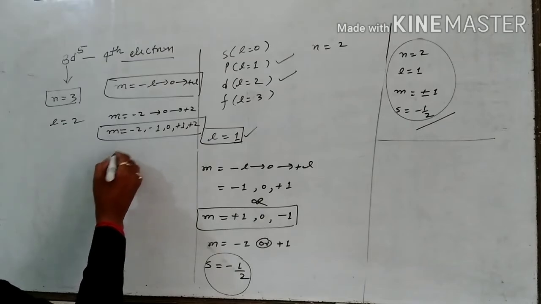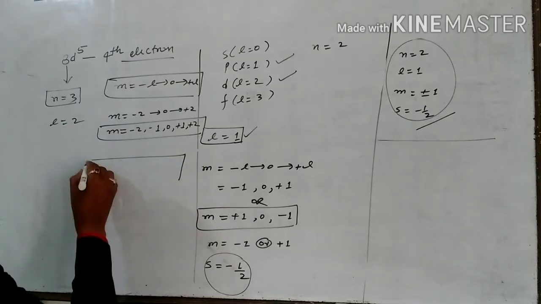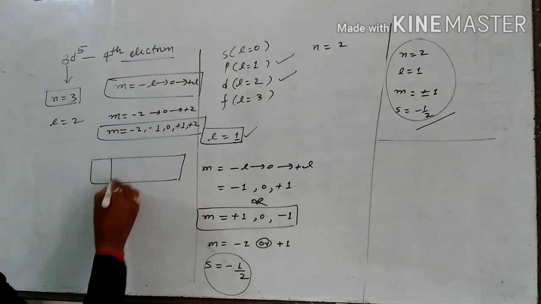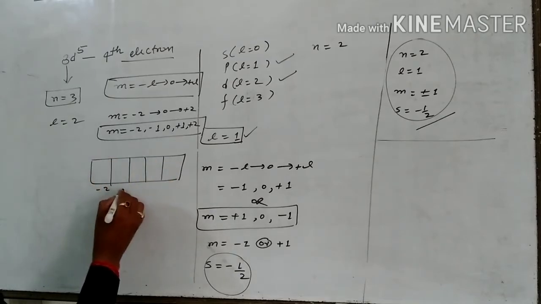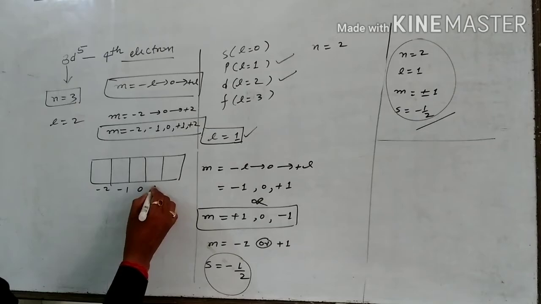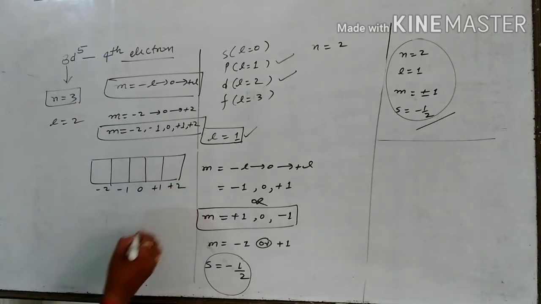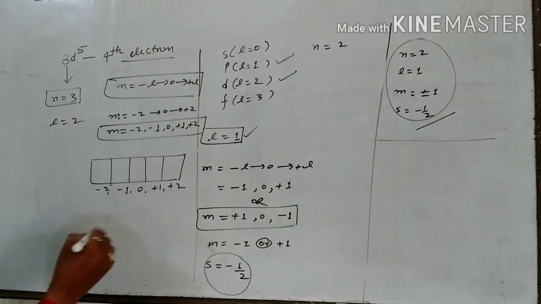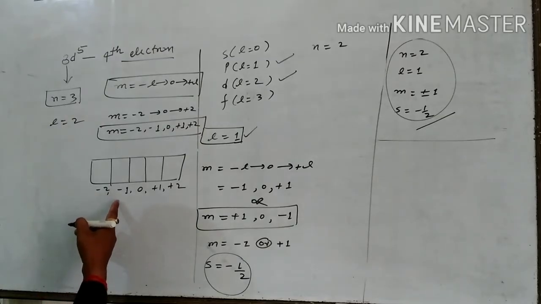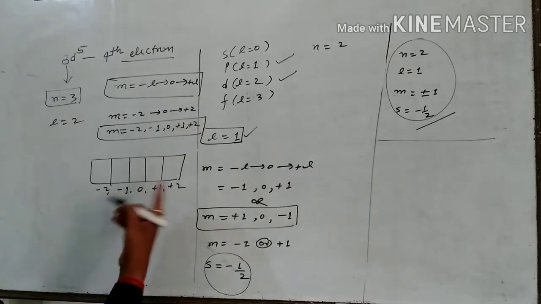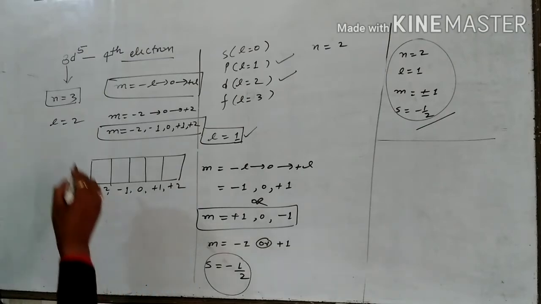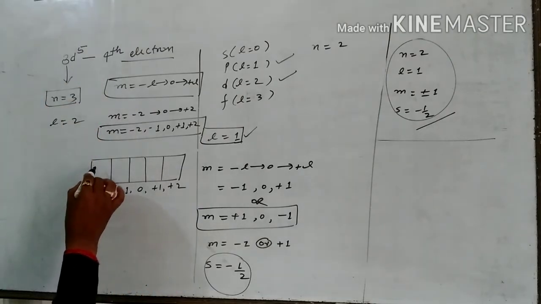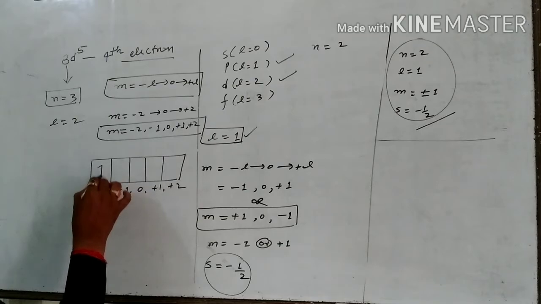You are seeing d having 5 orbitals. For first minus 2, minus 1, 0, plus 1, plus 2. In this way you can mention here, or just opposite to this, plus 2, plus 1, 0, minus 1 and minus 2. You are seeing 3d5. In each degenerate orbital you have to fill up 1 electron.